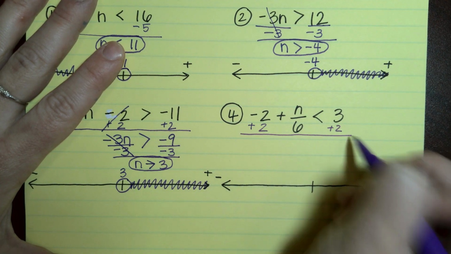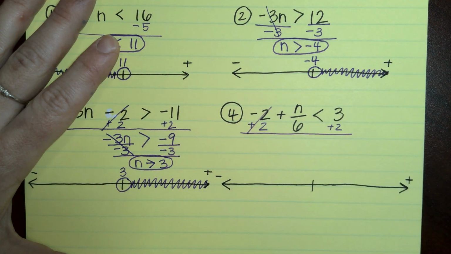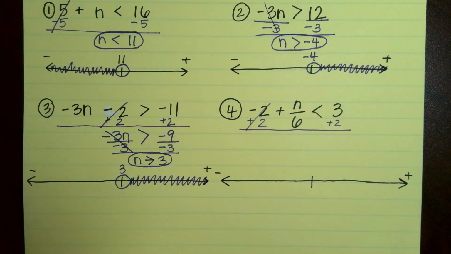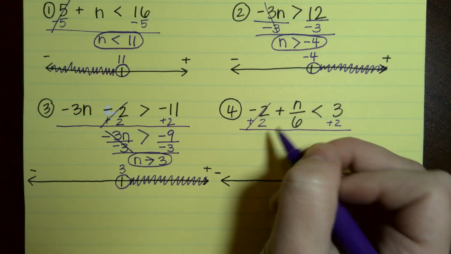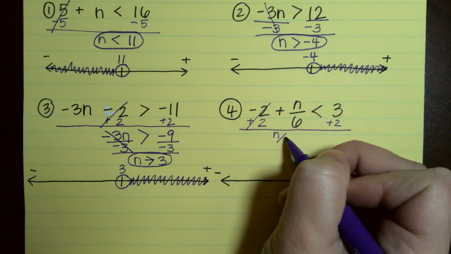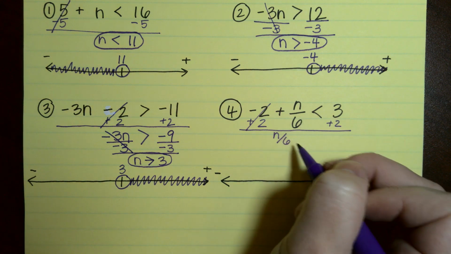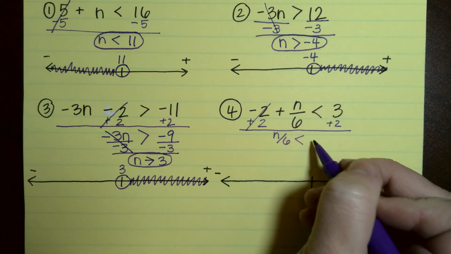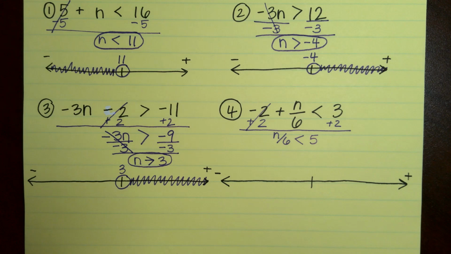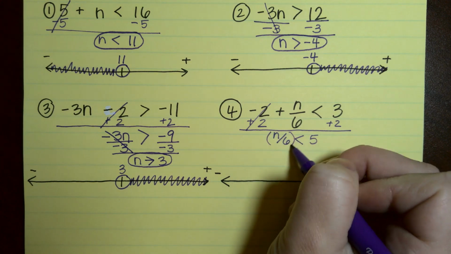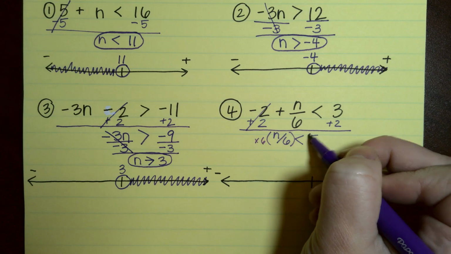Perfect. Okay, 2's cancel. You're going to bring down n divided by 6 is less than 5. Okay, now what do I do? Times 6 on both sides. Good, times 6 on both sides.